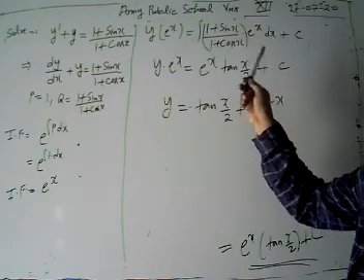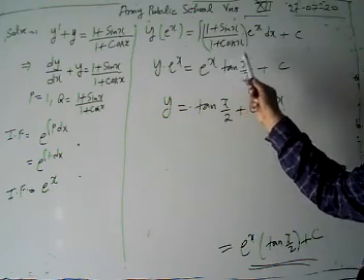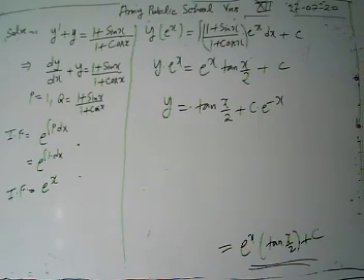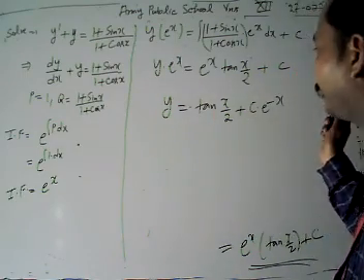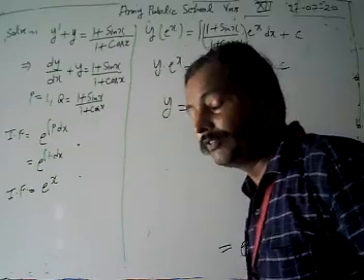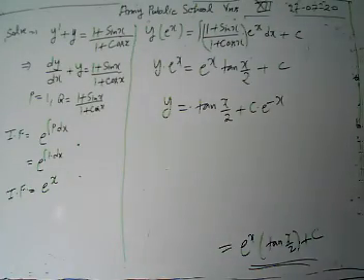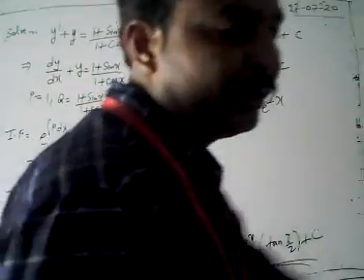Its integration value is e to power x into tan x by 2 plus c. Dividing each term by e to power x, our final solution of the differential equation is y equal to tan x by 2 plus c into e to power minus x.